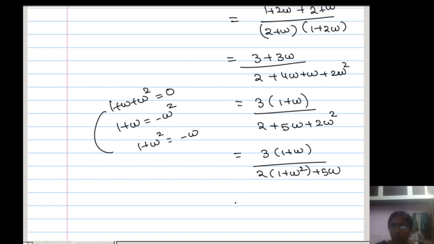Substituting, we get 3 into minus omega power 2 in the numerator, and in the denominator minus 2 omega plus 5 omega, which is 3 omega.